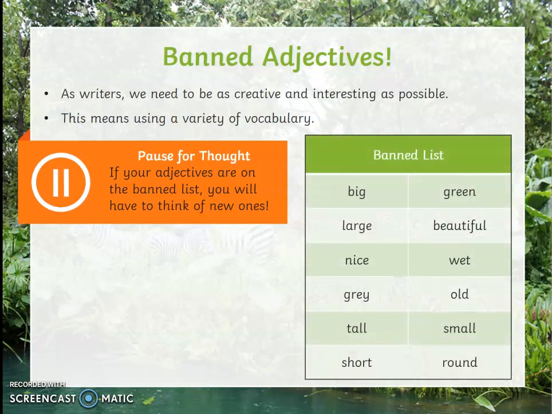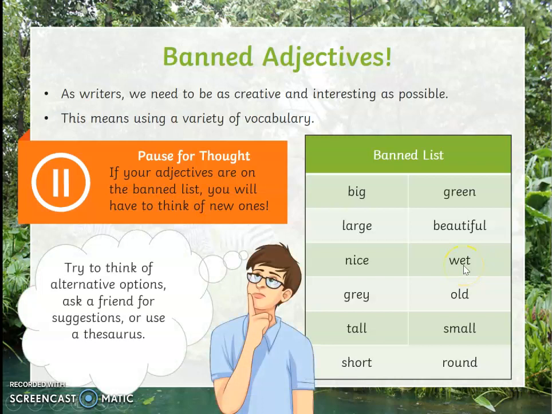What do I mean when I say banned list? Look at this one. Why did I say that these are on the banned list? It's just a strong word to say banned list, but the intention was that instead of using simple adjectives, try to look for complex ones. So from where will you get that?